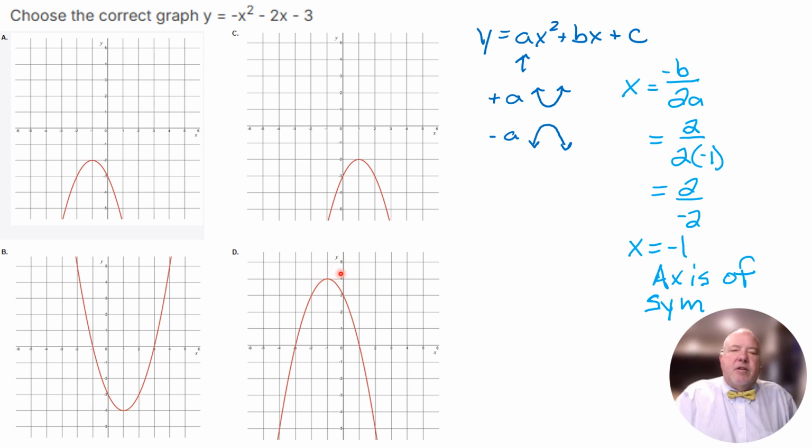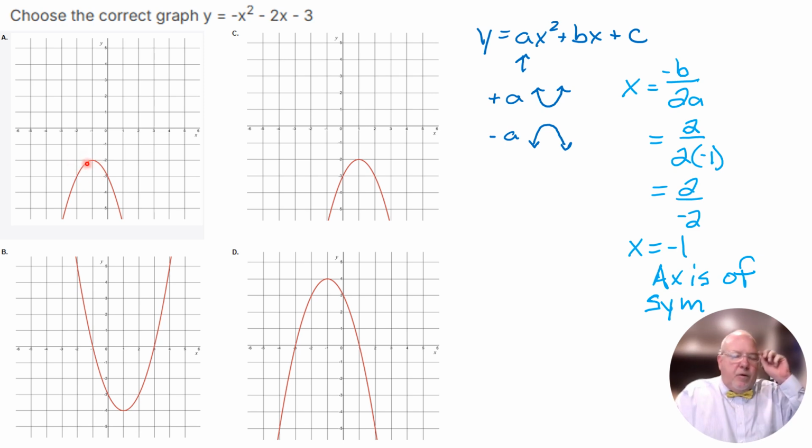So the vertex is the coordinates of this point right here. So the top of the U here, that's the vertex. This one has a vertex at -1, 4. Let me put my glasses on to make sure I'm saying that right. Yep, it's -1, 4. And this one has the vertex at -1, -2. Sorry, those are so hard to see.